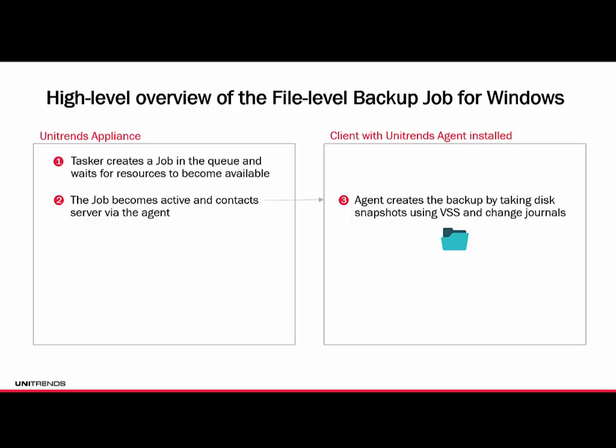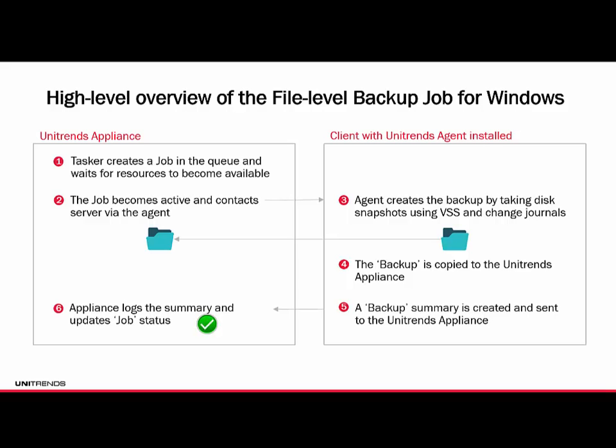It uses VSS to snapshot and the change journals to create the backup. That backup is then copied back to the Unitrends appliance, and the backup summary is sent. Once the job is sent over, the appliance logs the job summary and updates the job status to say that it was successful or completed.